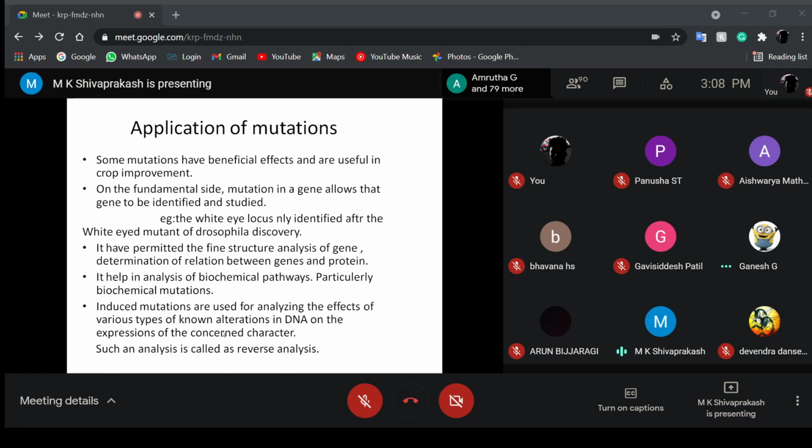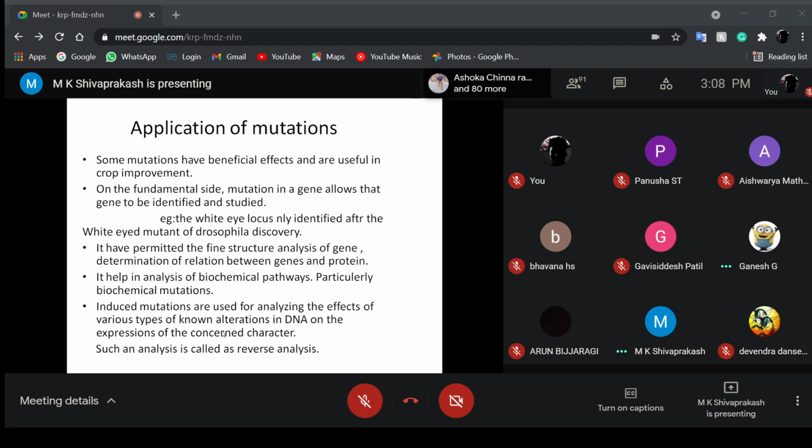By introducing mutation, which is done by molecular biologists, in a particular gene, you can know its functions. So the role of that particular gene can be found out through mutation.